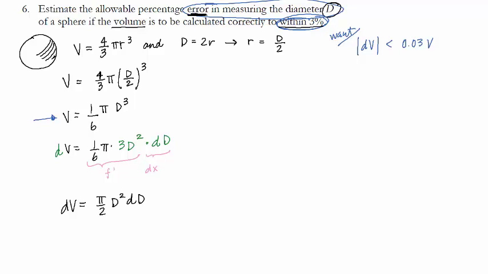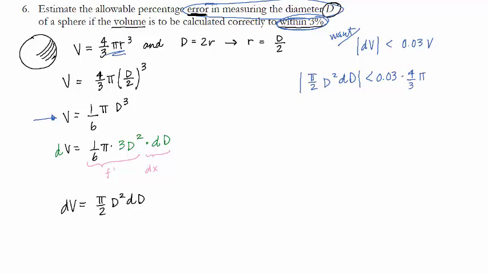Okay, so let's go back over to this want formula and fill out that equation. We want the change in volume, so the absolute value of pi over 2 diameter squared times the change in diameter, to be less than 0.03, or 3%, of the true volume. Oh, we fixed it.